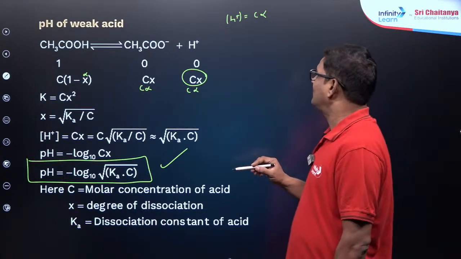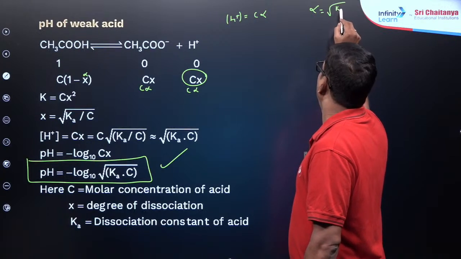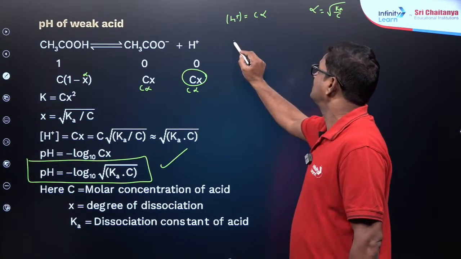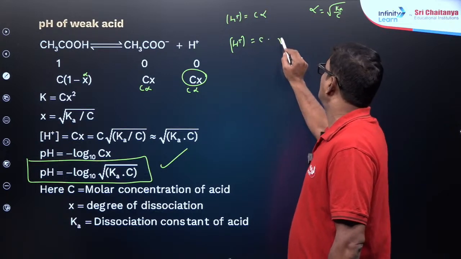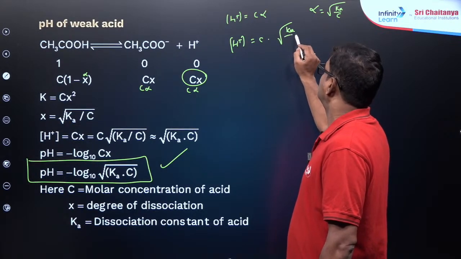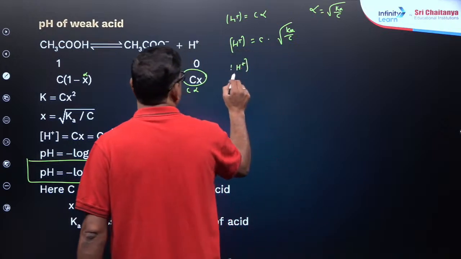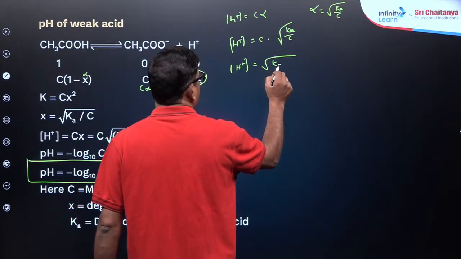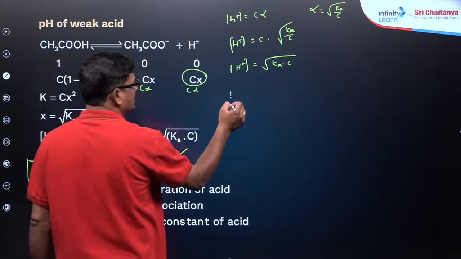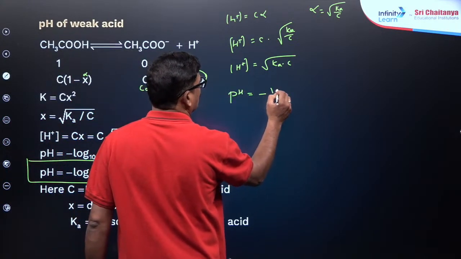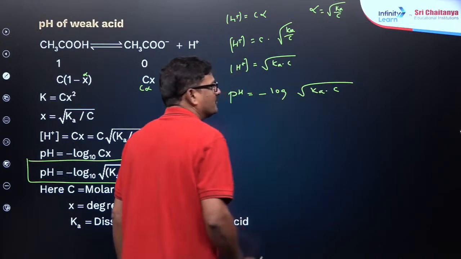And alpha is equal to root over Ka upon C, right? So H plus ion concentration is C dot root Ka upon C. So H plus ion concentration is equal to root over Ka dot C. That's the reason why pH is equal to negative logarithm to the base 10 of root over Ka dot C.